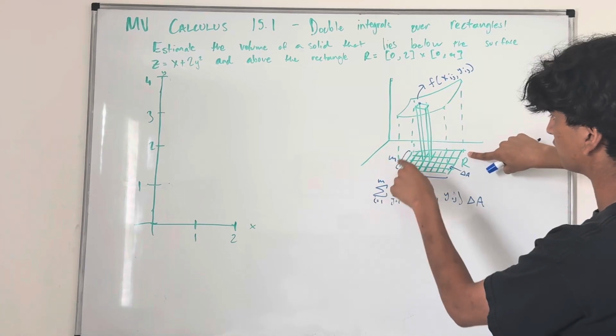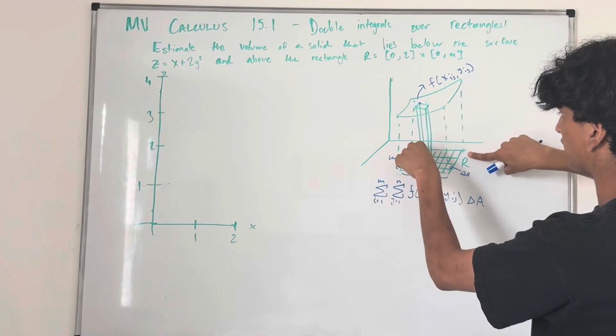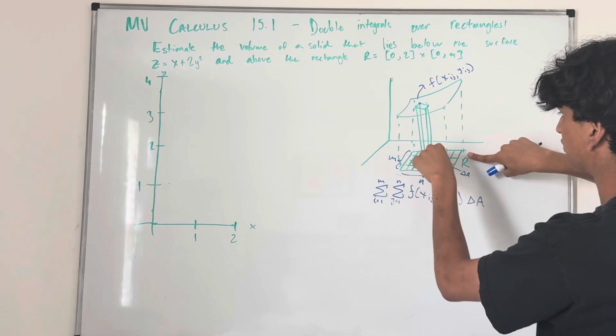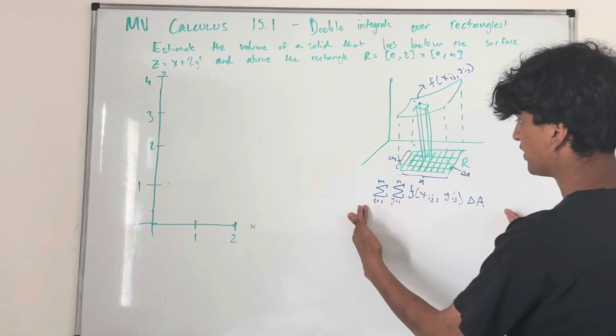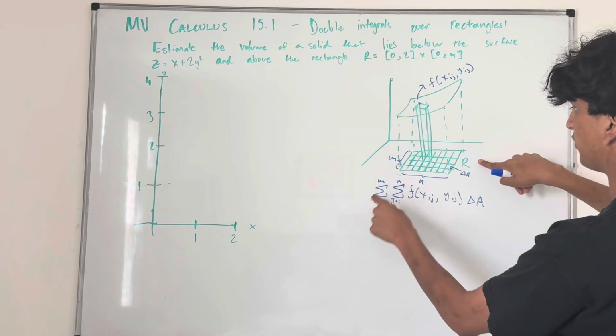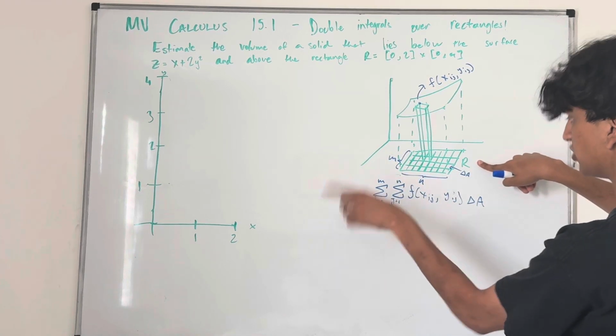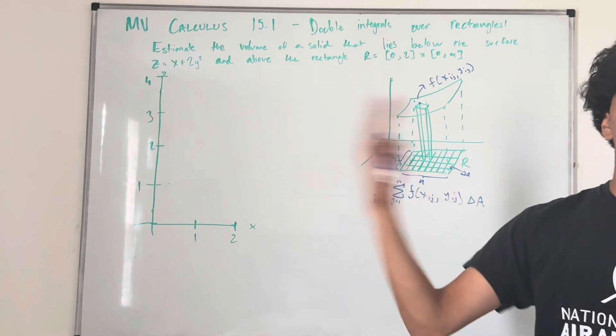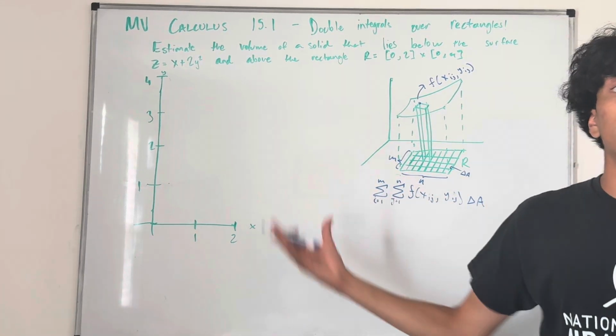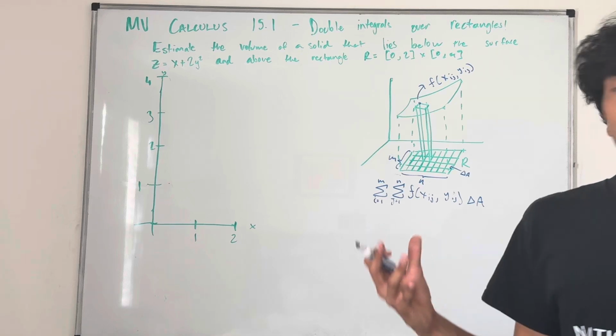So i represents the rows, j represents the columns. We go through this square, this square, this square, and so on, sum it up. Then we take the next row, i equals 2, and start j equals 1 all the way to n again. That allows us to sum up all the volumes together to get a total estimated volume.